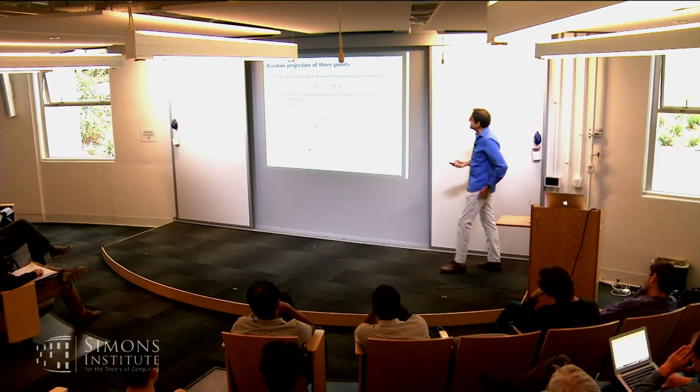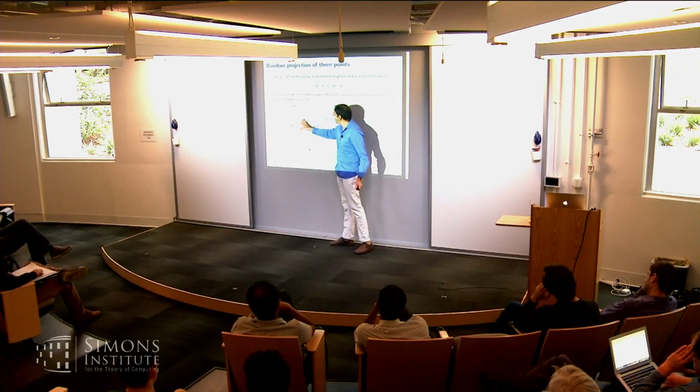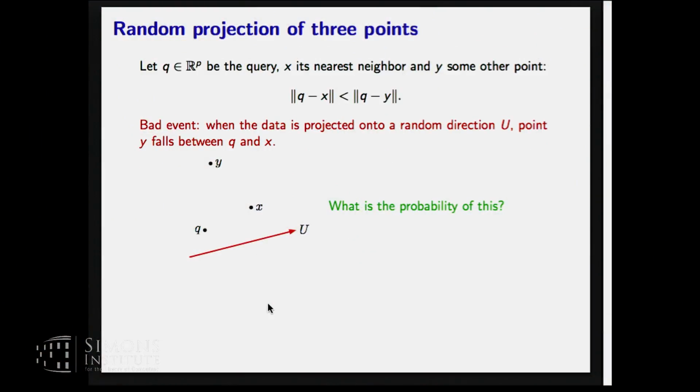To analyze that, let's just look at the case of 3 points first. You have the query, you have the nearest neighbor, and some other point that is a little bit further away. What we want to know is, if you pick a random direction, what's the chance that this point falls between these two? The main thing is that this is just a two-dimensional problem.